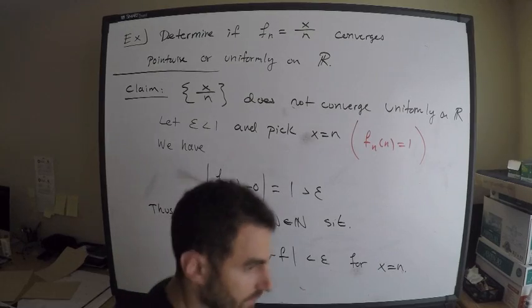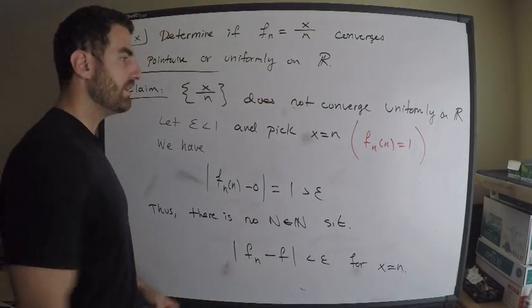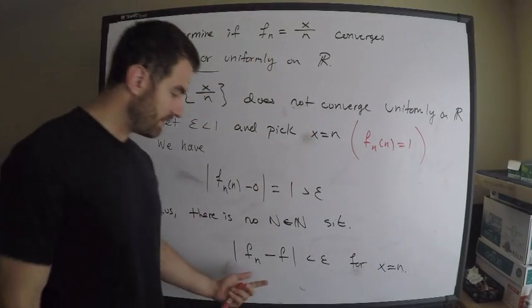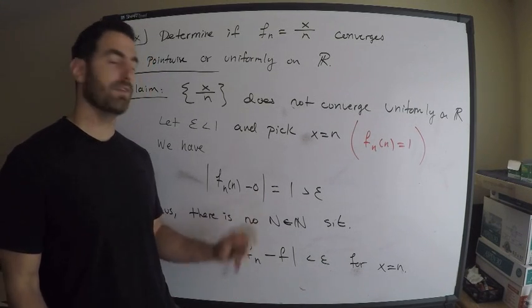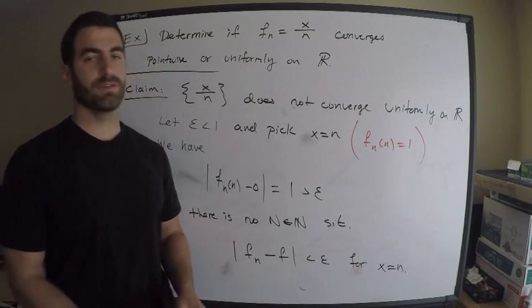Hopefully this makes sense. If I choose this particular value of x, I cannot get the sequence of functions close to, in this case, 0. So it does not converge uniformly.